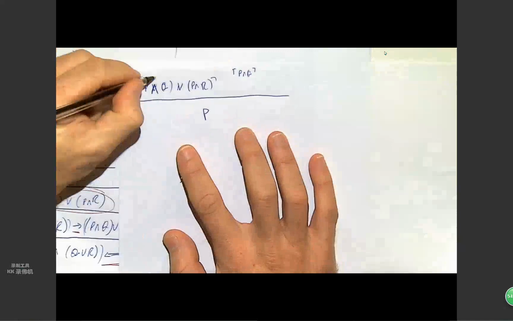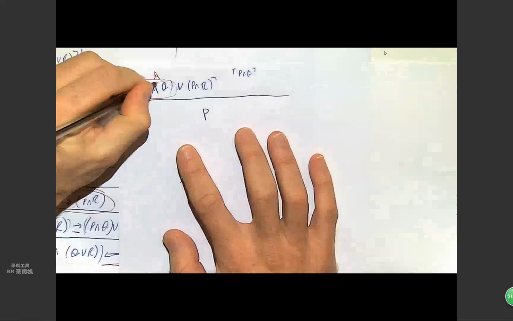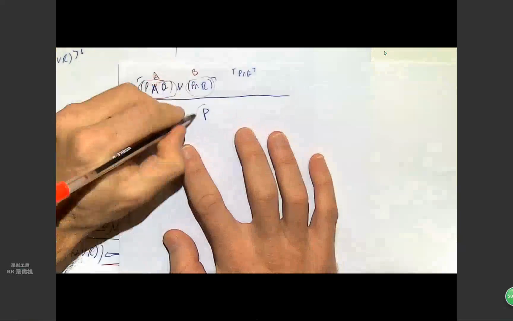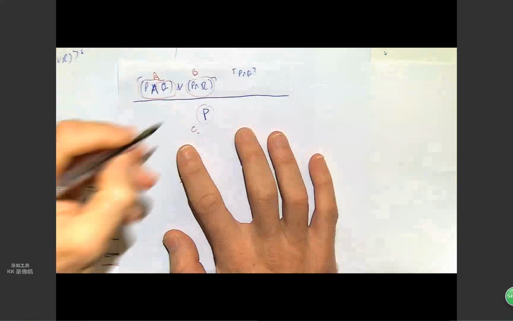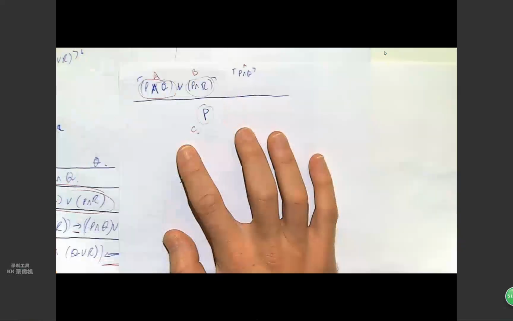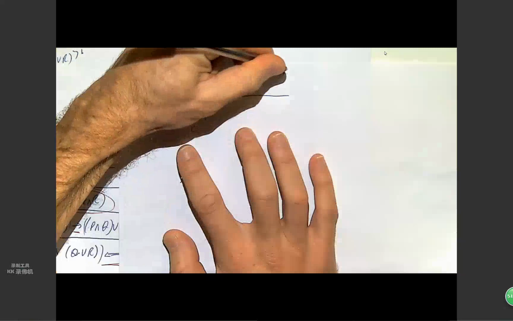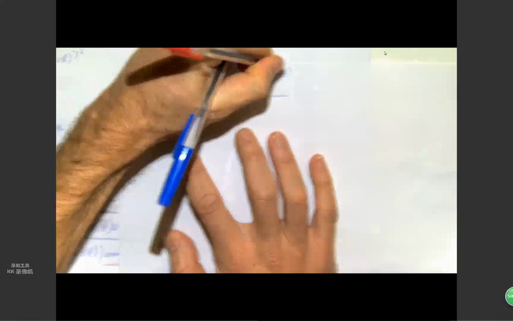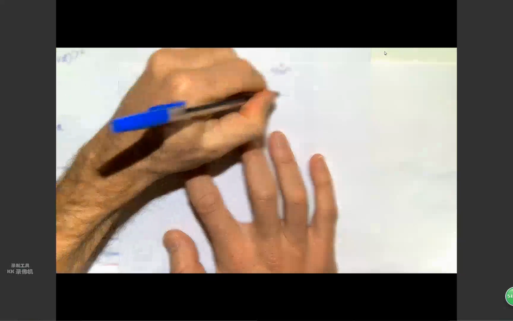This one is my A. This one is my B. This one is my C. So I have my A there. I'll have my B here, P and R. That's my B. And my C will go there twice, okay?